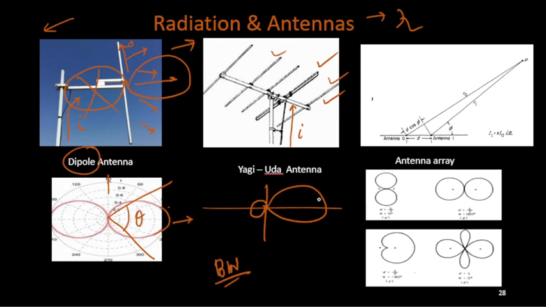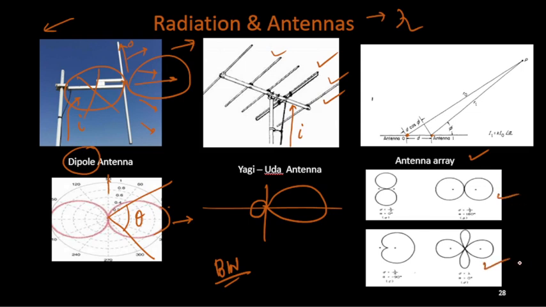So this kind of directed radiation we can have. To get this, we can use antenna arrays, so several antennas, more than one antenna. Here two antennas are shown, and we can have this kind of antenna arrays and different kinds of radiation patterns.